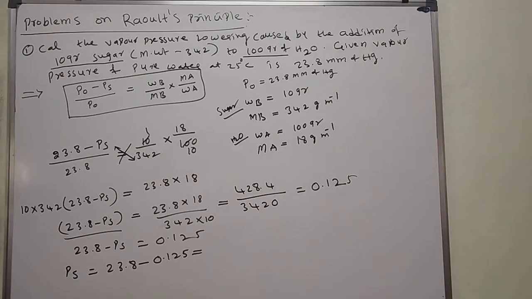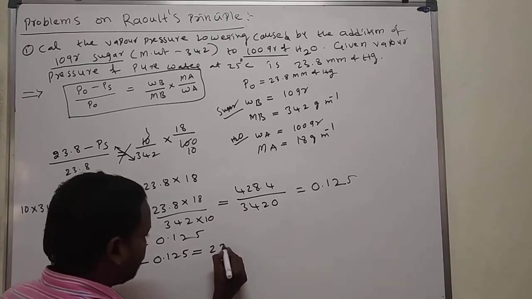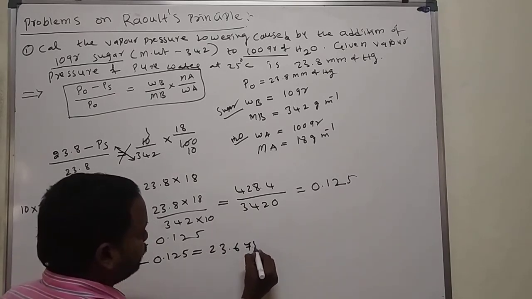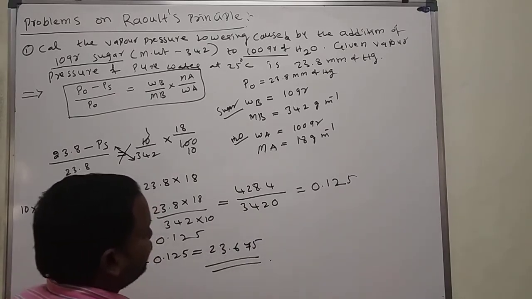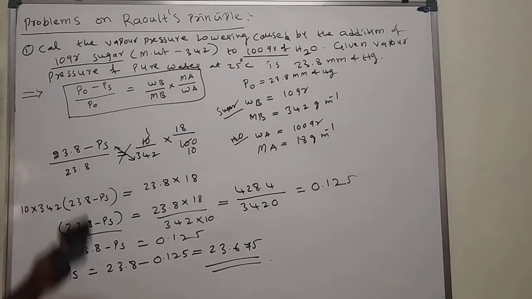23.8 minus 0.125 is 23.675. What is the Ps?